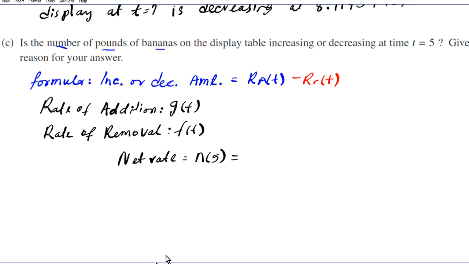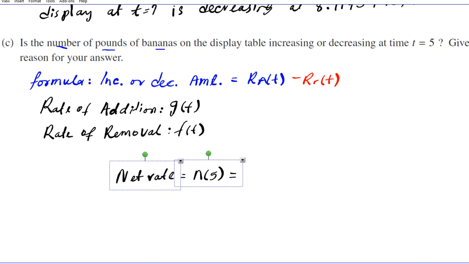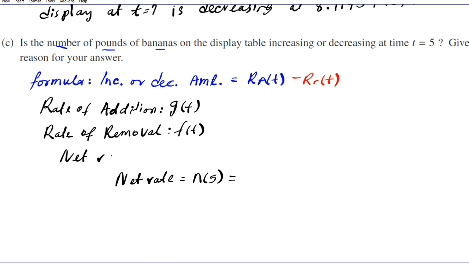Okay, good. And then we're gonna define our net rate or increasing or decreasing amount. Net rate is simply the difference. Adding rate minus removal rate. Okay. At t equals 5, n of 5 is just going to be g evaluated at 5 minus f evaluated at 5. Okay. So the instantaneous rate of change of the addition of bananas at 5 minus the instantaneous rate of change of removal at 5 will tell us.